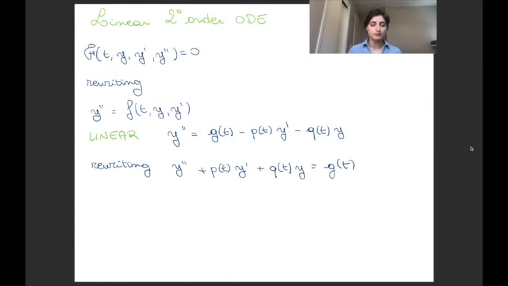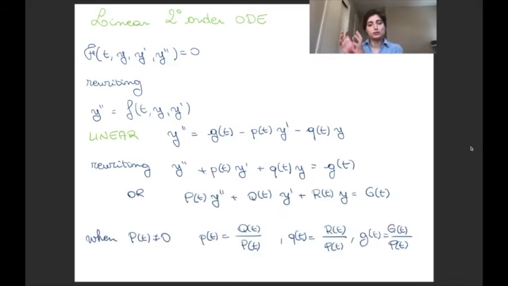Why do we like formulating it this way? It's mainly for historic reasons. It's just nicer to look at it in this way because we can put aside the term g, and we'll see later how this term is particular on its own. Sometimes we rewrite it as a function of time multiplied by y second as well.